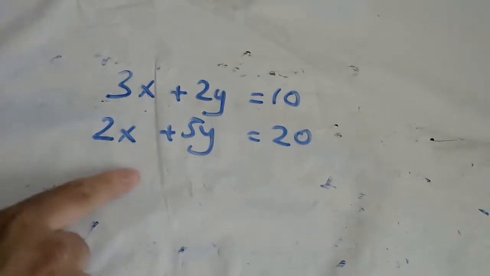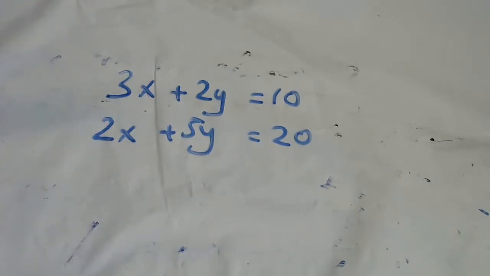So why is this one more difficult? It's a question I'm asking you. And you've said because of the 2y and the 5y, this one being bigger than that. Don't care. You can handle that.